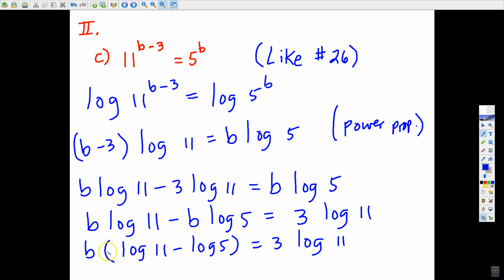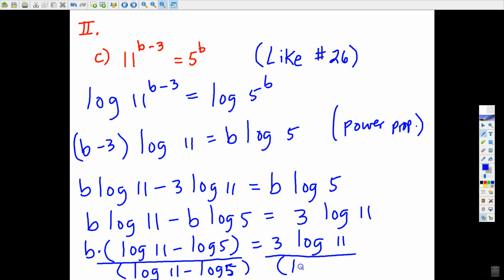Okay, now we're back to what we were doing basically before. We can undo multiplication with division, but now we're going to have to divide by this whole thing. So I'll show you in just a minute how you can use your calculator with parentheses and make this a lot easier for yourself. But let me just show you the step first. I'm dividing by log 11 minus log 5 on both sides to get b by itself.